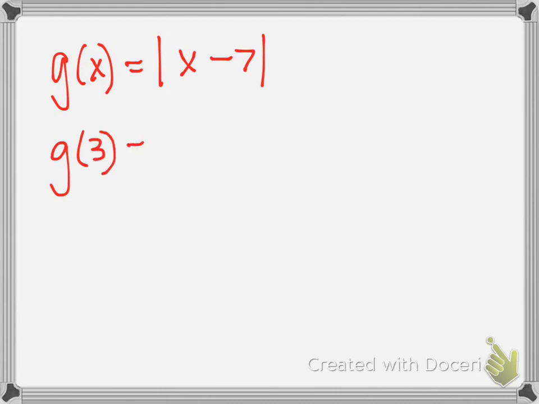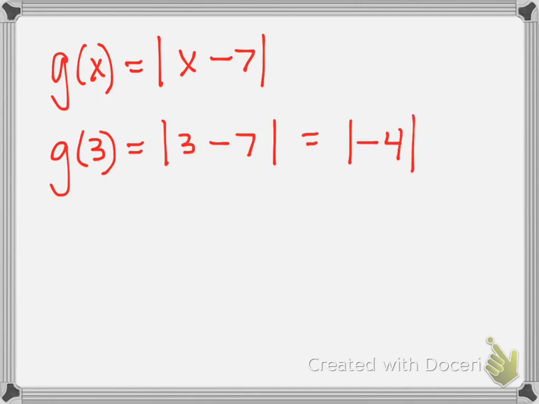g of x equals absolute value of x minus 7. Okay, let's figure out what g of 3 is. So, you plug 3 in for x. 3 minus 7 is negative 4.